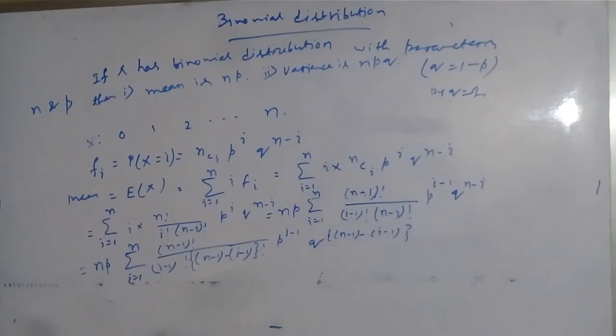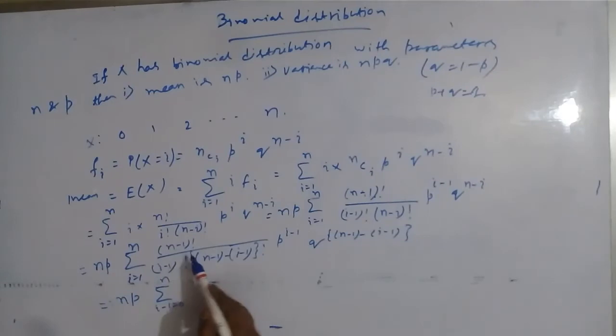Now, np into the summation, I am writing this as i minus 1 equal to 0 to n.